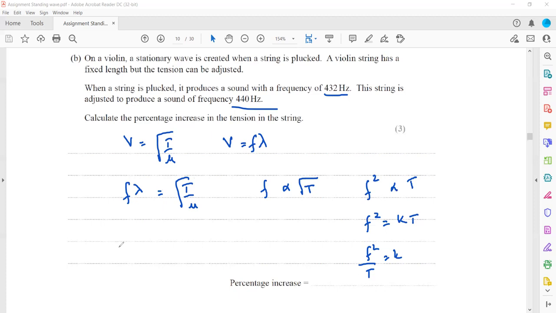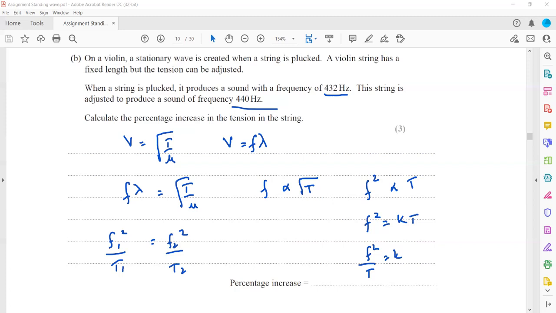So we can say f1 square over T1 is equal to f2 square over T2. Like the first frequency square divided by the original tension is equal to the second frequency square divided by the second value of the tension.